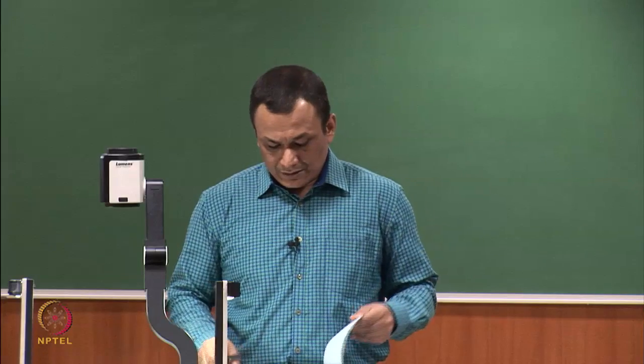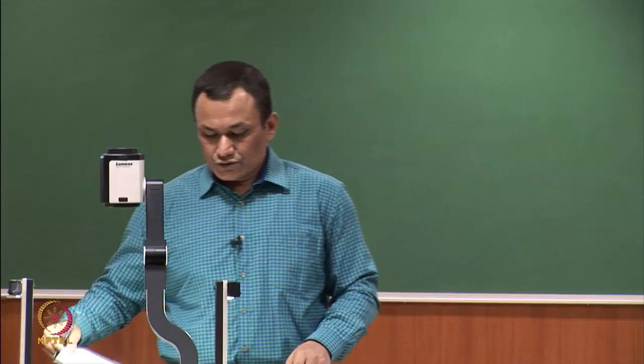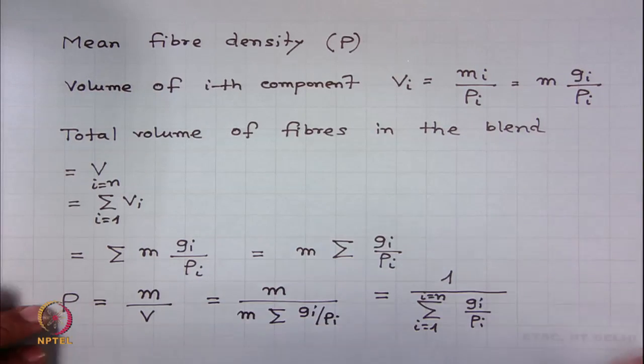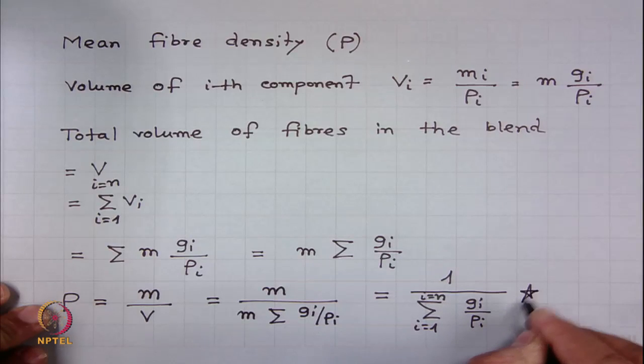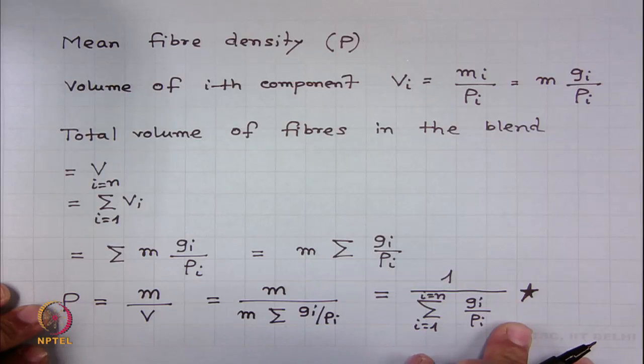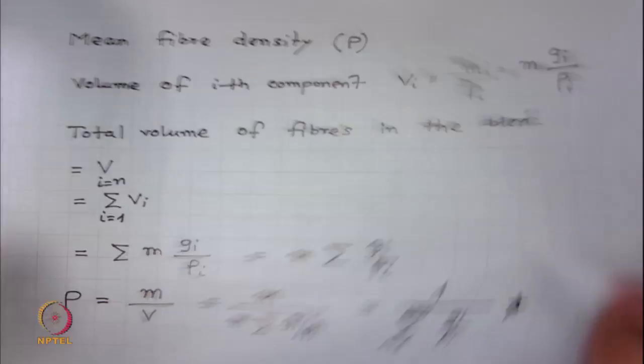Starting from mean fiber density we obtained. So, this was the expression for mean fiber density. This is a characteristic of fiber blend, mean fiber density.